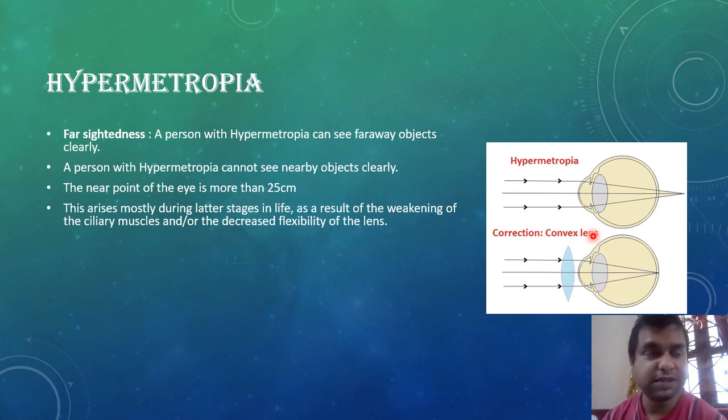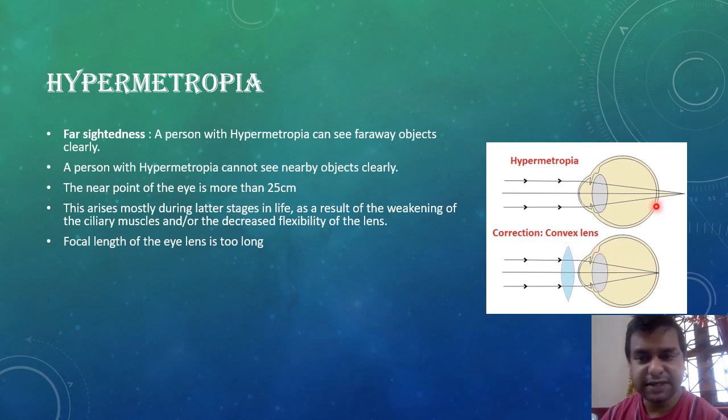The ciliary muscles, as you may know, adjust the expansion or contraction of the crystalline lens. So when that weakens, it can't really adjust, and it decreases the flexibility of the eye lens. So the focal length of the eye, as I mentioned, is too long, and that is why the image that is formed is beyond the retina.